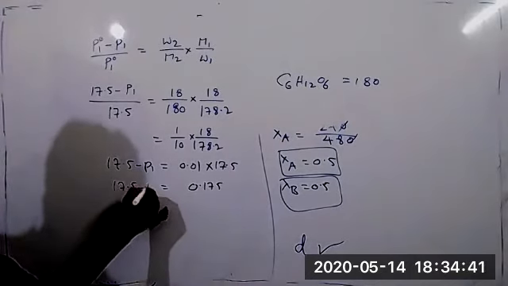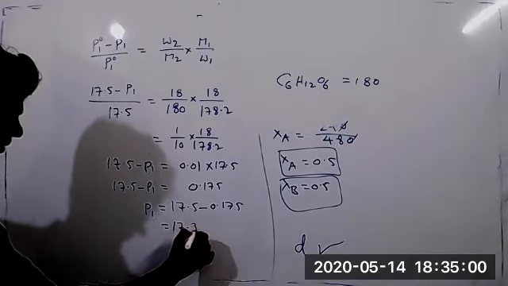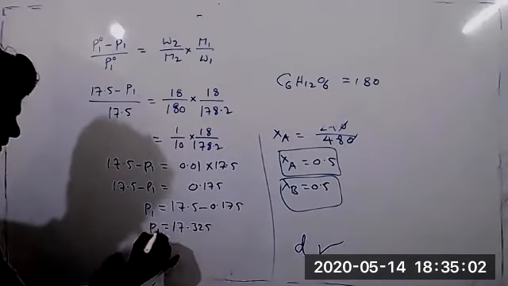P1 is equal to 17.5 minus 0.175. So the answer is 17.325. This is the vapor partial pressure of the solution. So option D is correct.